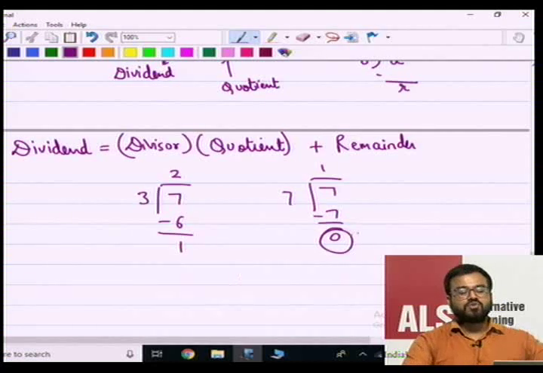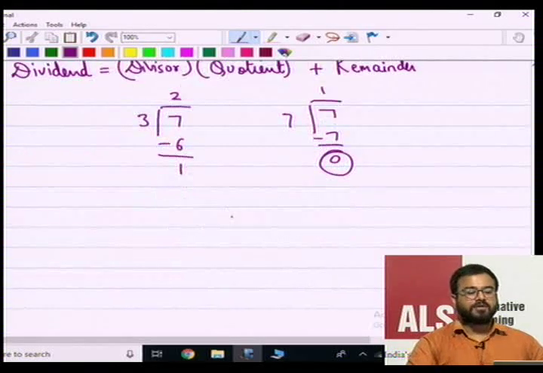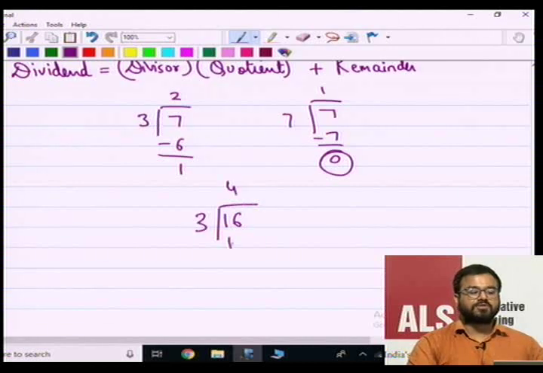And we also know that the remainder is always less than the divisor. Like if I do this calculation, tell me whether I have done it right or wrong. If I divide, let's say 16 by 3, so 3 4s are 12 and the remainder is 4.